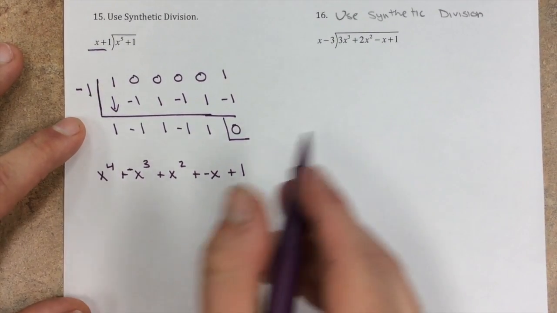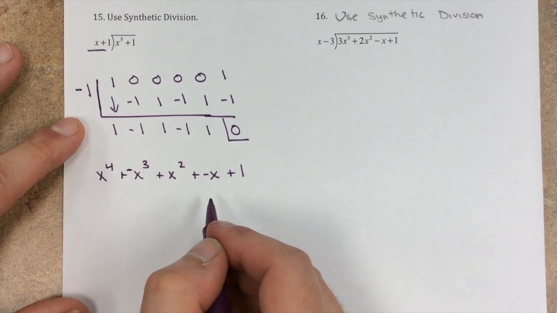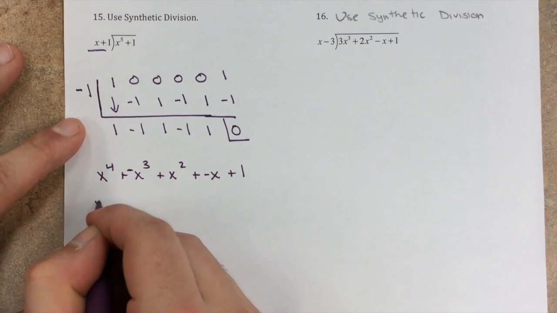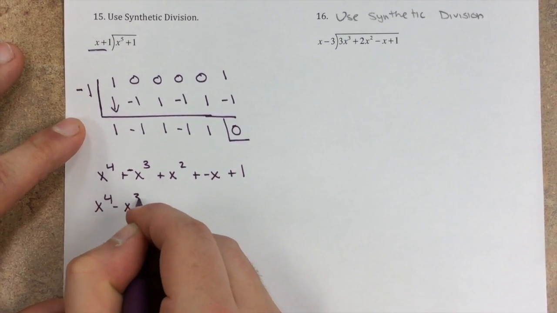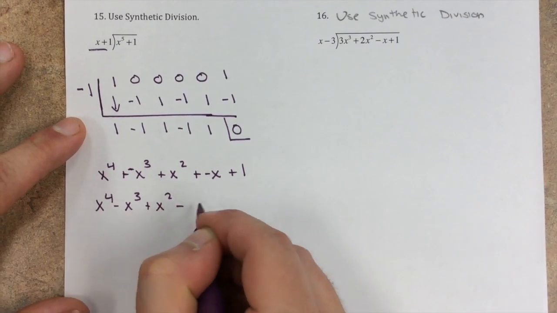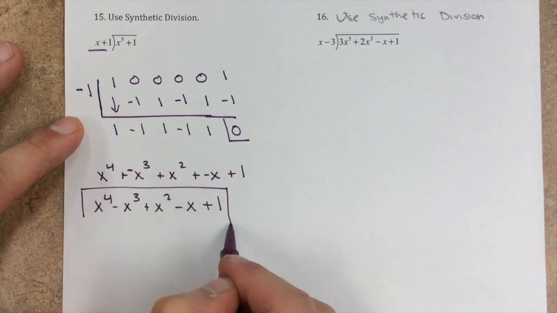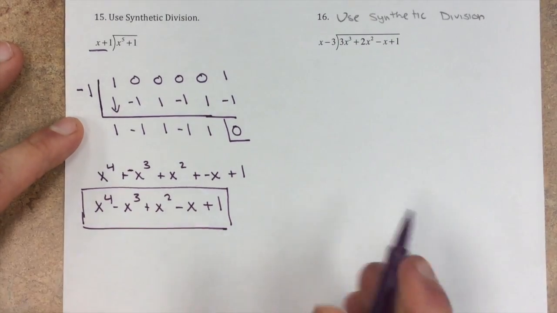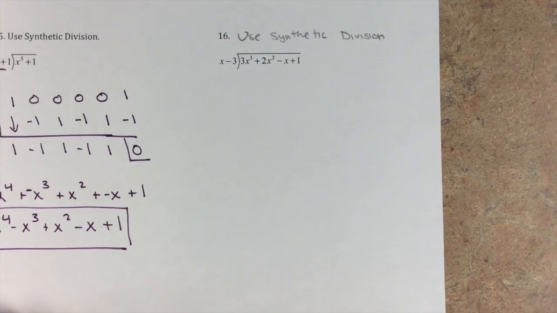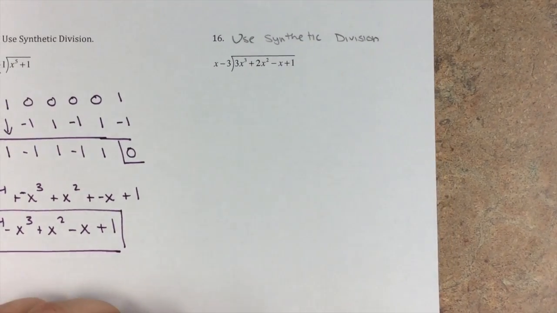And if you feel comfortable writing, instead of writing all the addition signs, you can just say x to the fourth minus x cubed plus x squared minus x plus 1. Simple.